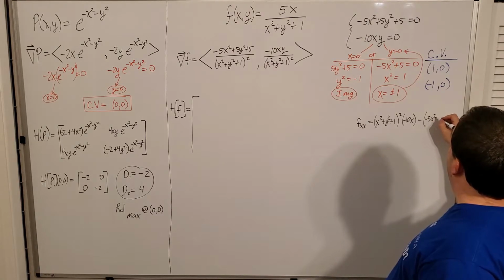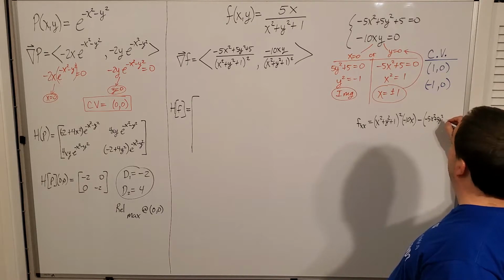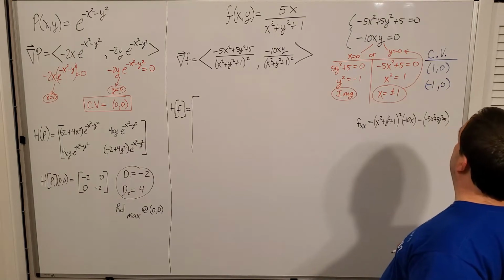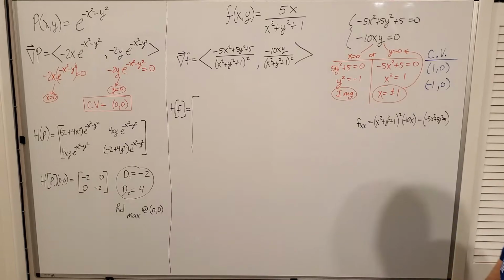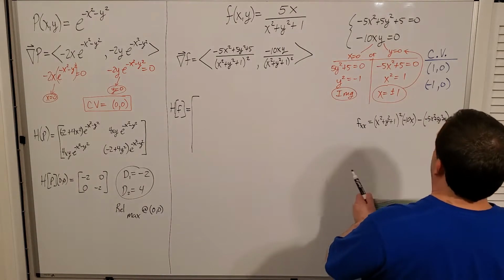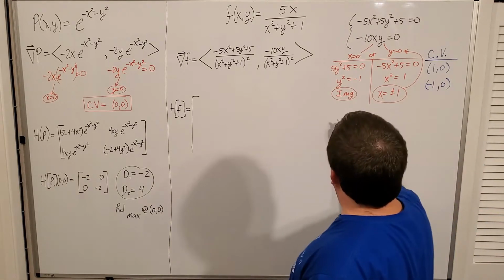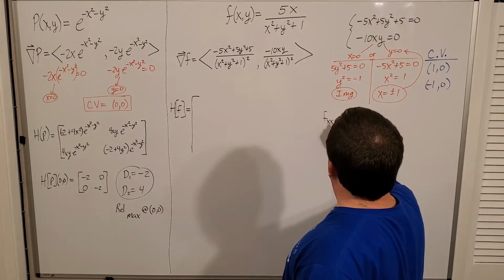minus high d low. So minus negative 5x squared plus 5y squared plus 5. And d low, ooh, yummy. I didn't give myself enough space. Hang on, I'm going to show you a trick that's going to shorten this right here.